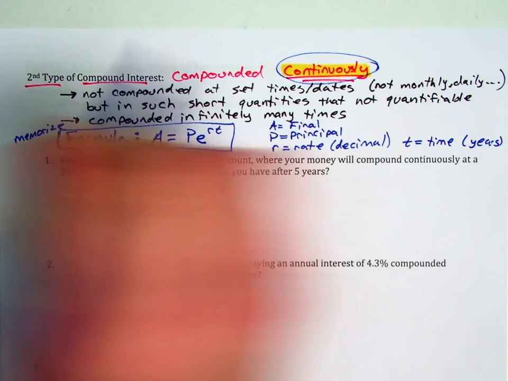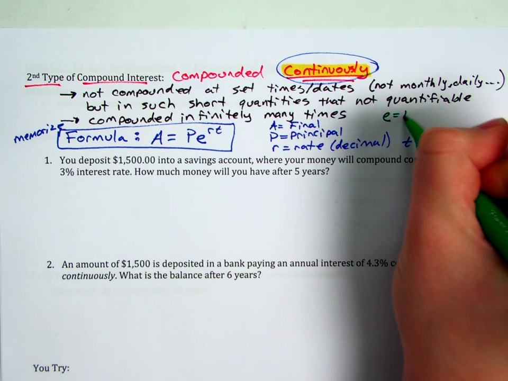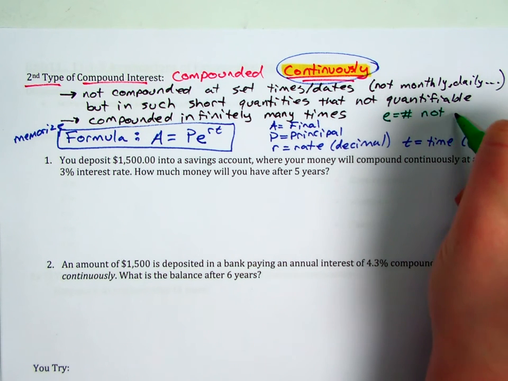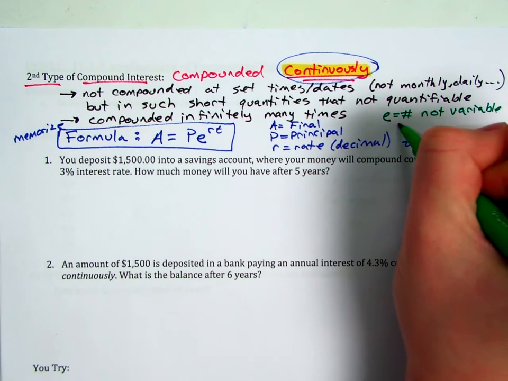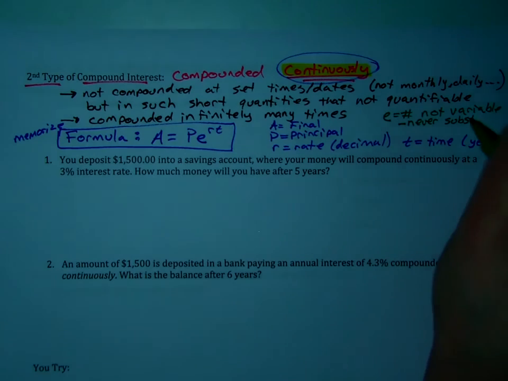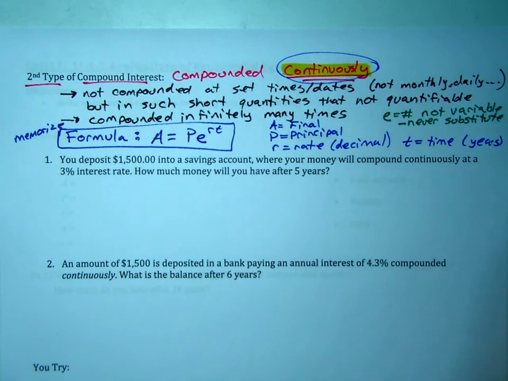So you have to realize that the e is a number, not a variable, just like pi is a number and not a variable. So we never substitute anything in the place of pi, and therefore we never substitute anything in the place of e.